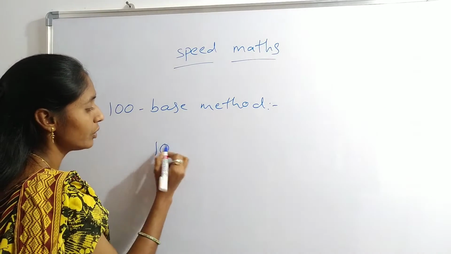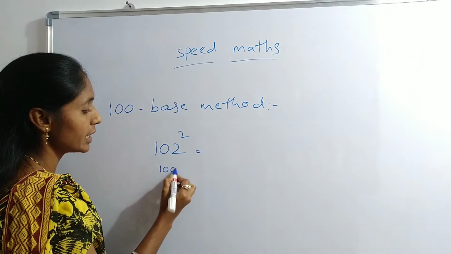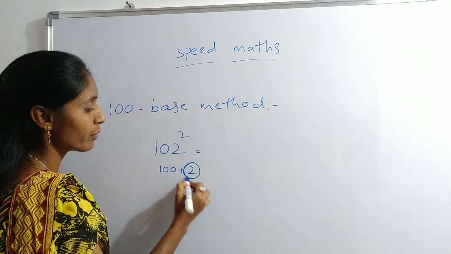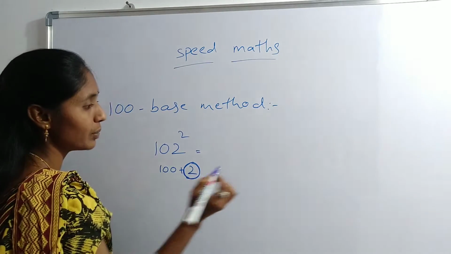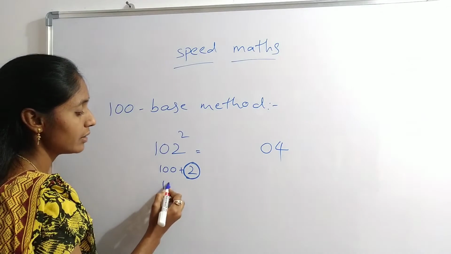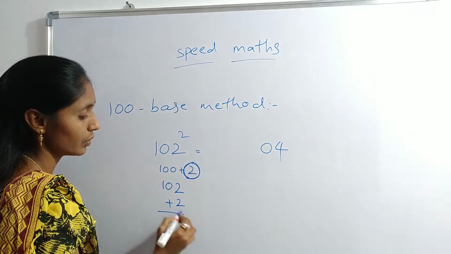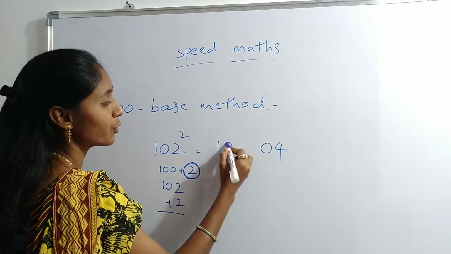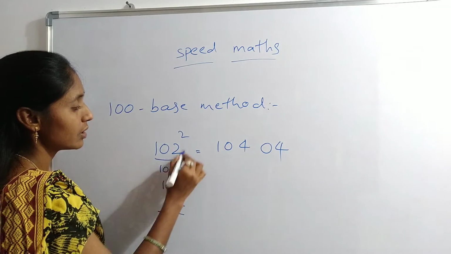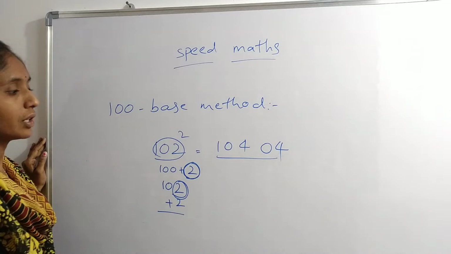Let me take the example 102 square. We can write it as 100 plus 2. Take the value of 2 square, that is 04 in the unit digit place. Then add the extra value to the original number, that is 104. This is the square value of 102: 10404.